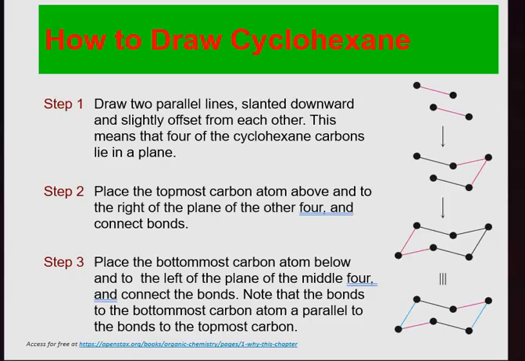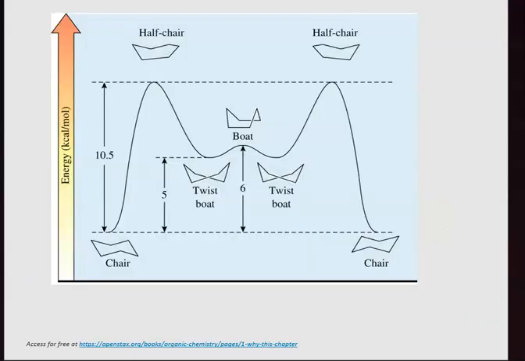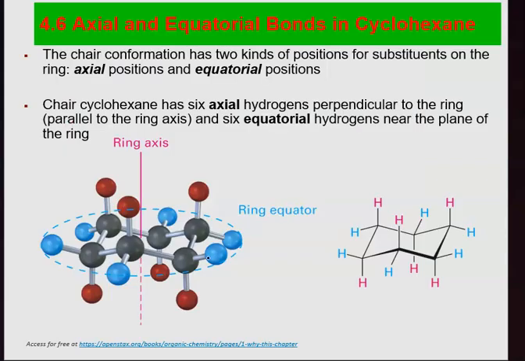We can have a better picture here. You can see that all the red bonds are showing the axial bonds, perpendicular to this ring, and the blue ones are showing the equatorial bonds. Make sure that you are able to practice drawing this cyclohexane structure both ways.